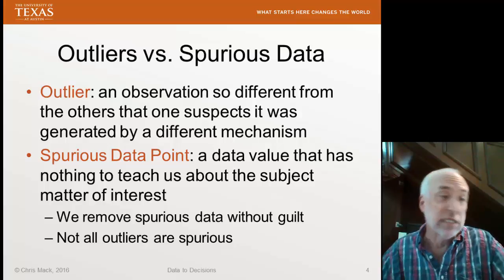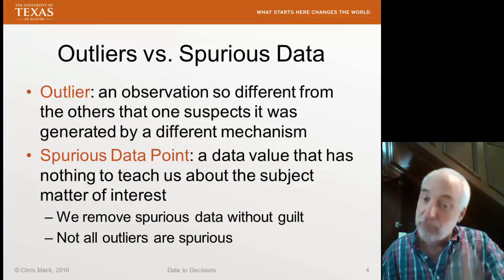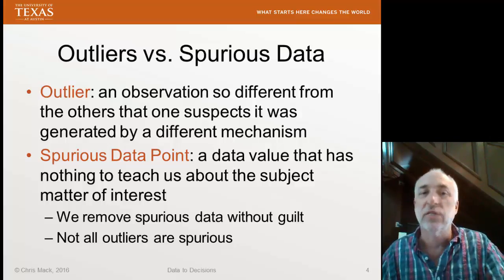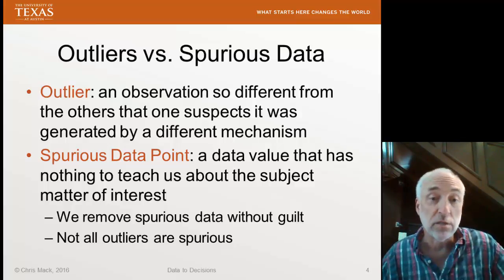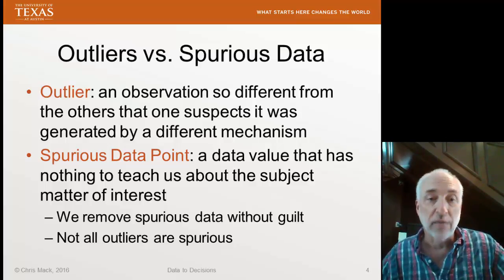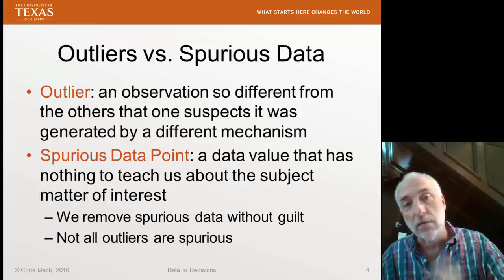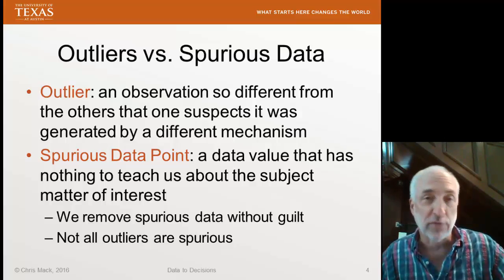A spurious data point is something that can't teach us anything about what we're trying to learn about. So if we see a spurious data point and we realize that it is in fact spurious, we toss it out. We have no qualms about getting rid of that data point because it doesn't have anything to teach us. But not all outliers are spurious. Sometimes the outlier, the thing that's different, the different mechanism, is a discovery.